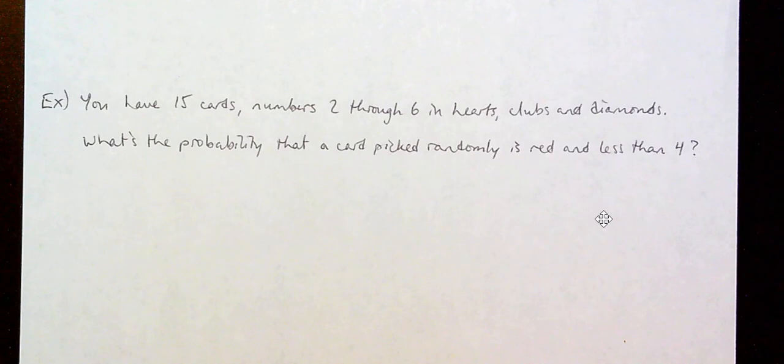So come up with a table consisting of all the possible outcomes you can have, and then try to figure out the probability that if you pick a card at random, it's red and less than 4. So pause the video here. Once you think you have it, press play, and we will see if your answer is correct.